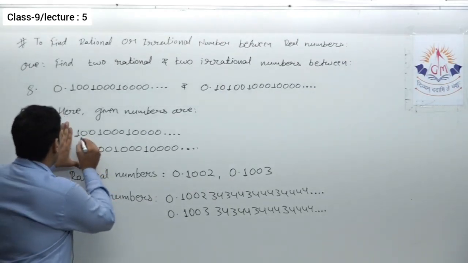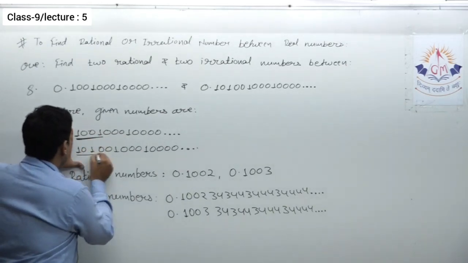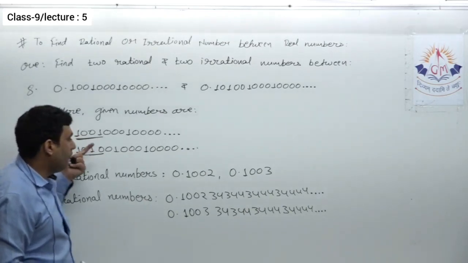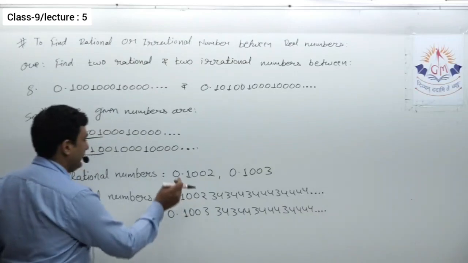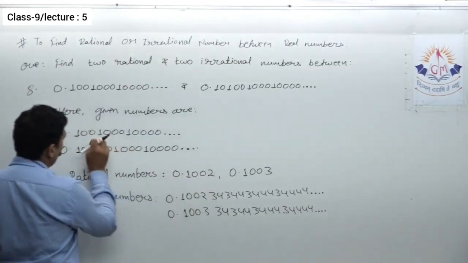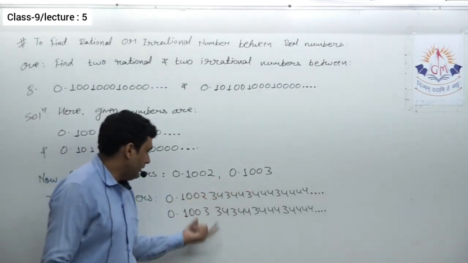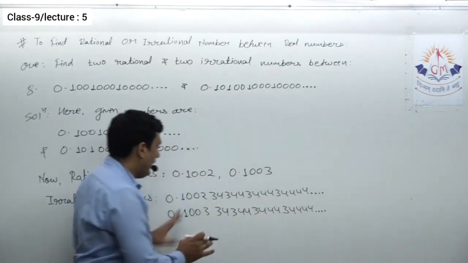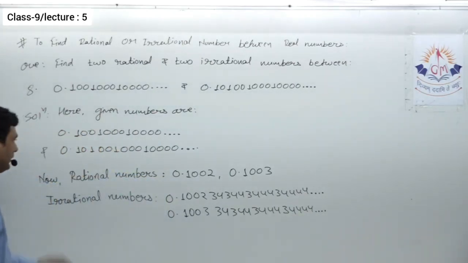So here in the first four digits I found 1001, and in these four digits I found 1010, and it was very obvious to write 1002 and 1003 without decimal between them, and then I kept decimal to get the required number. Now definitely this number is between these two. So these were two rational numbers, and if I suffix this type of string after a rational number, I get the irrational number. So please note it down.